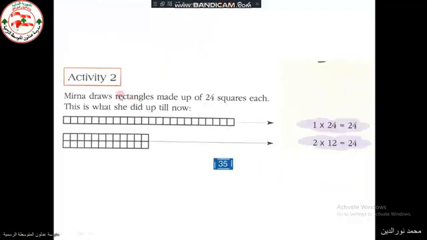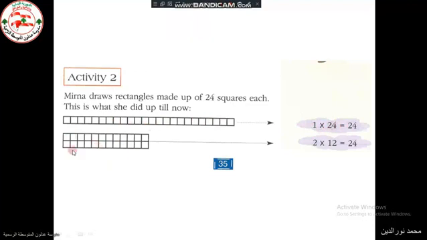Activity 2. Mirna draws rectangles made up of 24 squares each. This is what she did up till now. As we see here, she made one row with 24 columns, and she wrote this equality 1 times 24. So we have one row and 24 columns.